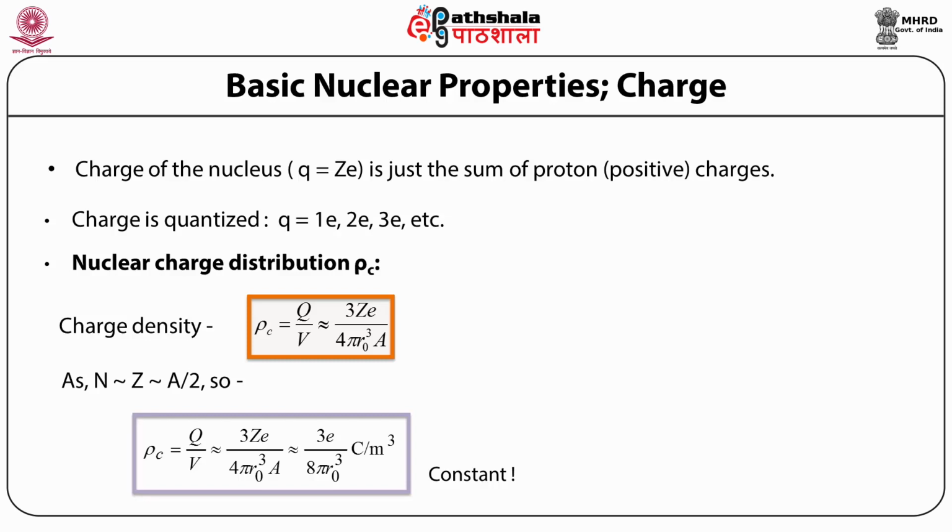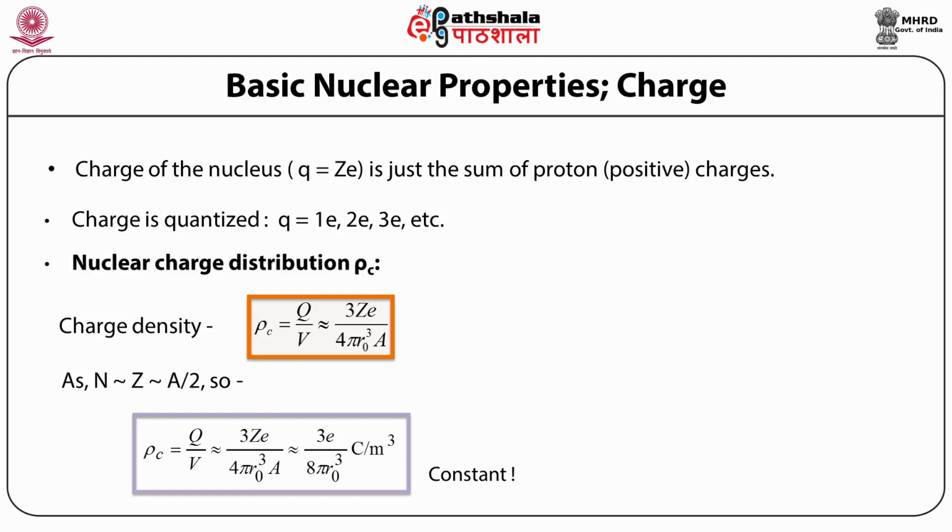All these terms in the expression, that is 3e over 8 pi r0 cube, are constants. So when we put in the values of these constants, the value comes out to be a constant. It means the charge density within the nucleus is constant. And this has been proved experimentally also.